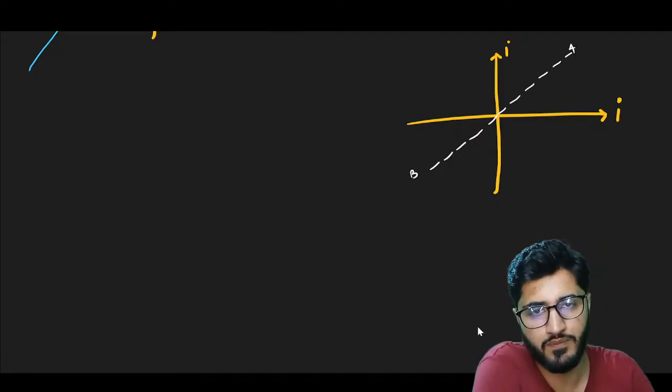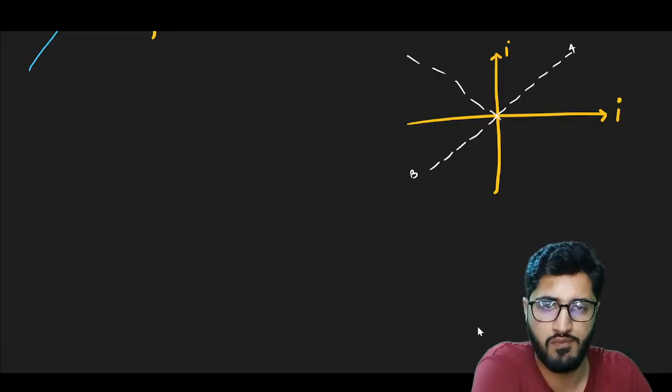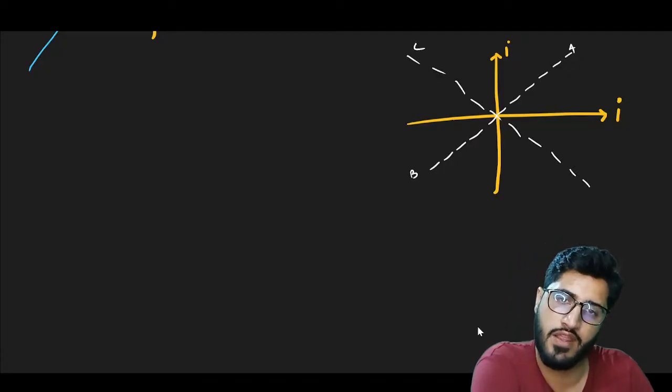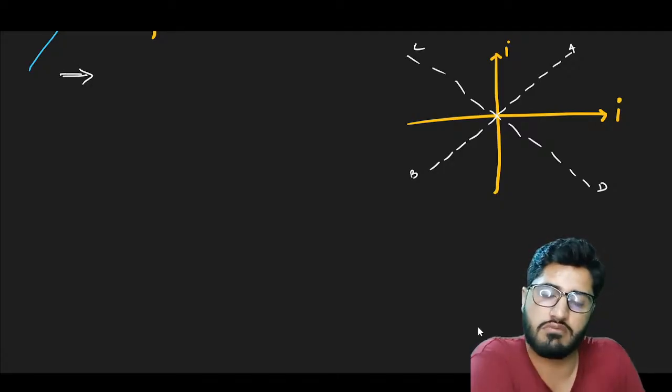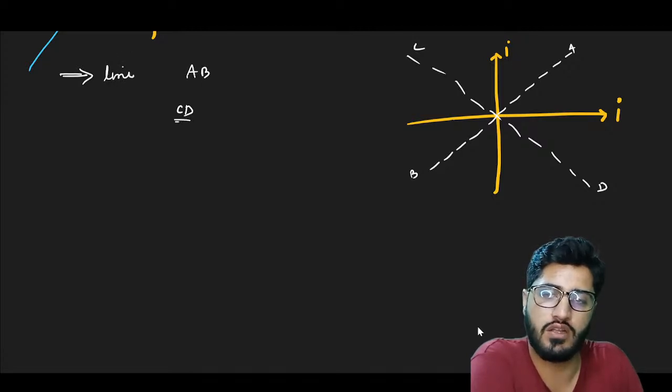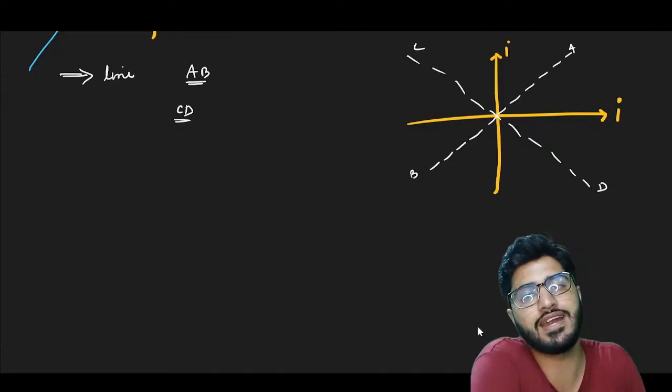AB, CD. Give me the wire or line, AB or CD, on which we will get a null point.